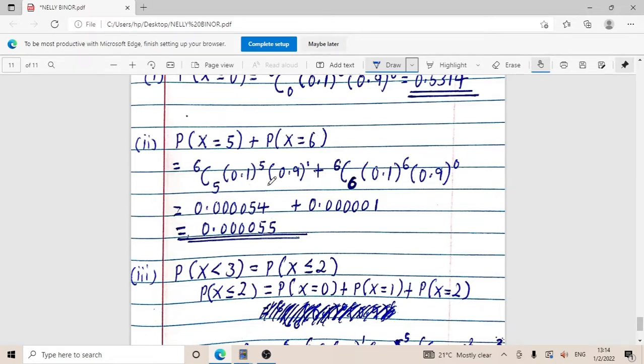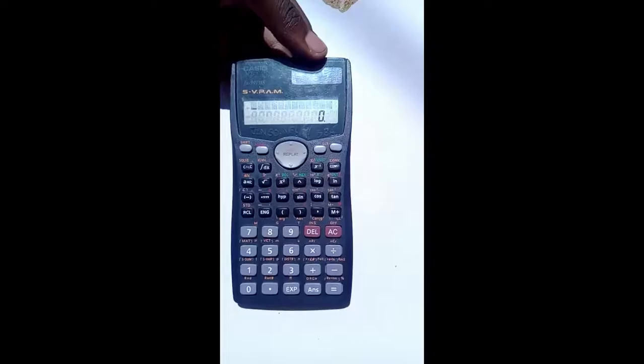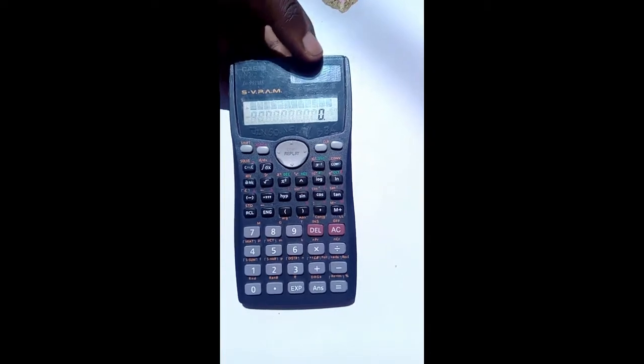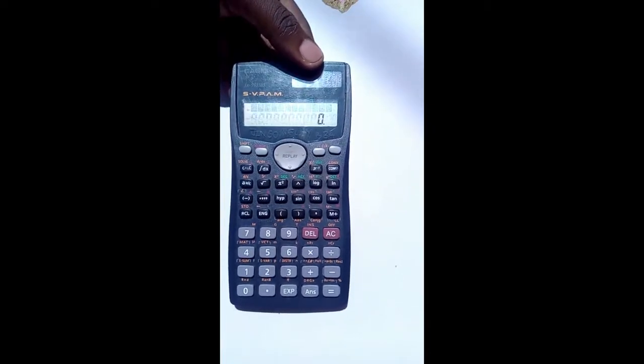Now this one is tricky, so let me show you how to compute it very well, so that you get this answer, and the same will apply to this one. Let me show you on the calculator. Be critical of how we are going to get this answer here. It's very tricky, but I'm going to show you the easy way of getting it.